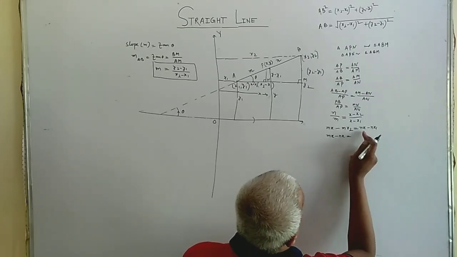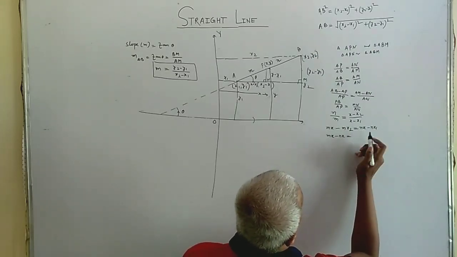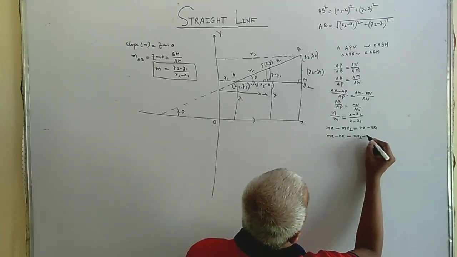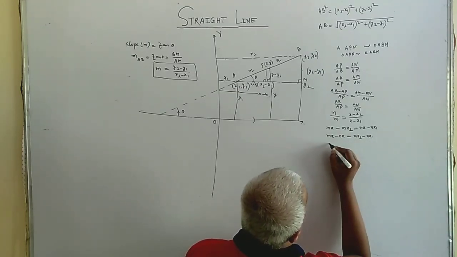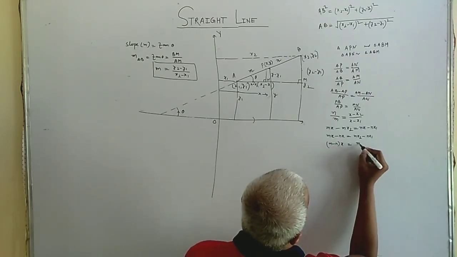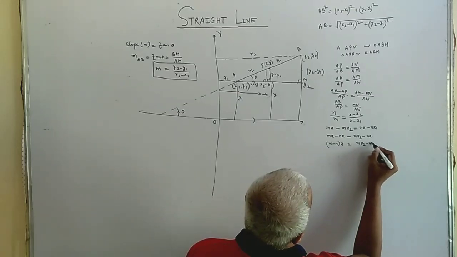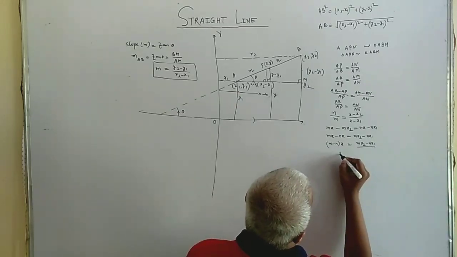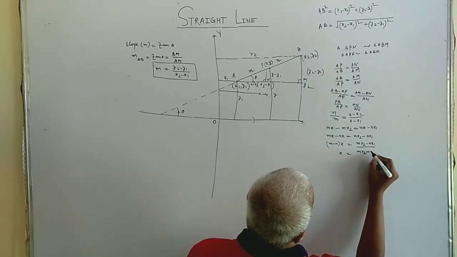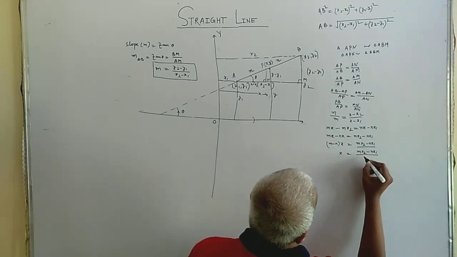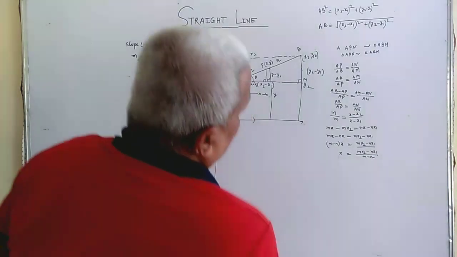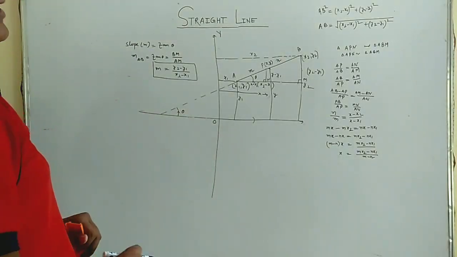I took this nx on this side and this on this side, so m minus n times x is mx2 minus nx1. So x will be mx2 minus nx1 upon m minus n. But this is wrong somewhere.